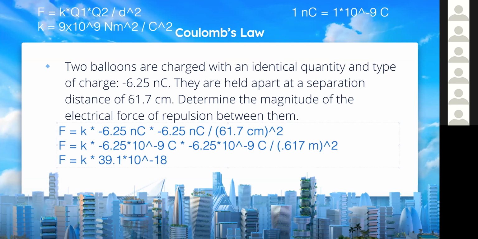Huge difference between those. One is an explosion and one is a... And we're multiplying coulombs times coulombs, so we get coulombs squared.